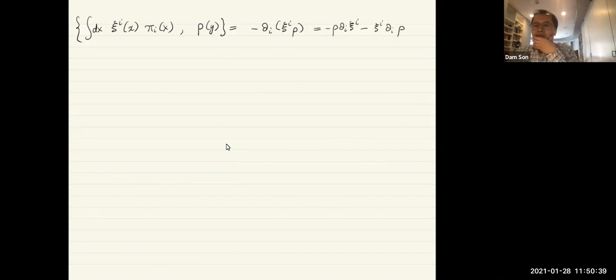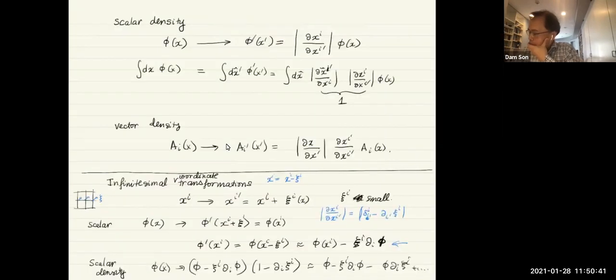Okay, so now interesting things happen. See this, a scalar density under infinitesimal coordinate transformation is shifted by this small amount written here at the end.